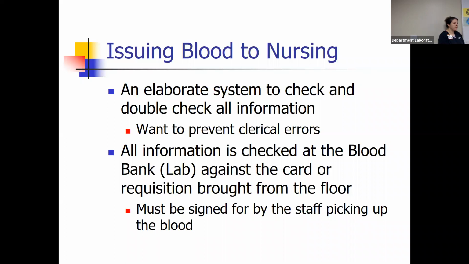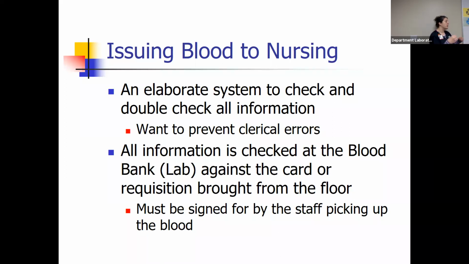What's going to happen in blood bank, once the testing is performed and the units are ready for transfusion, when the nursing staff is ready to transfuse the patient, they will send down what we call a blood request or a transfusion slip. It will have the patient information, it will have the product requested. That lets the blood bank know that nursing staff has the patient prepped and is ready to start that transfusion within 30 minutes, right? They have 30 minutes to get that transfusion started.